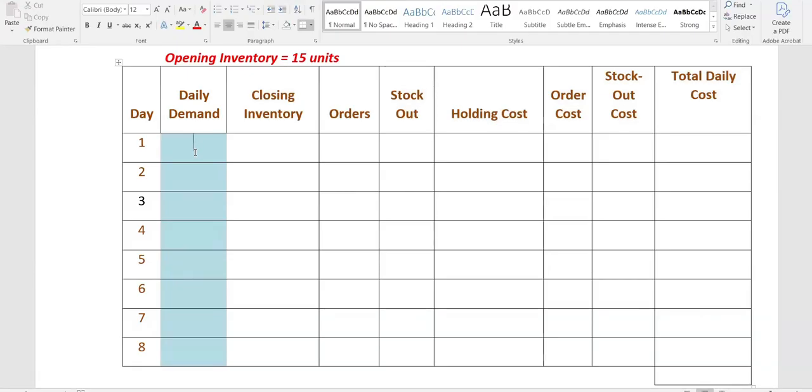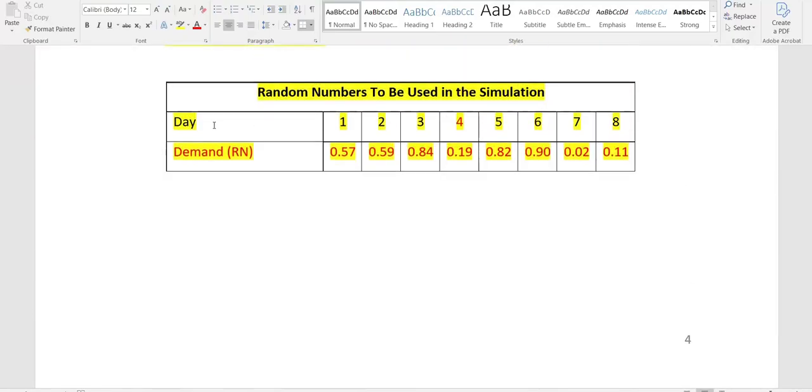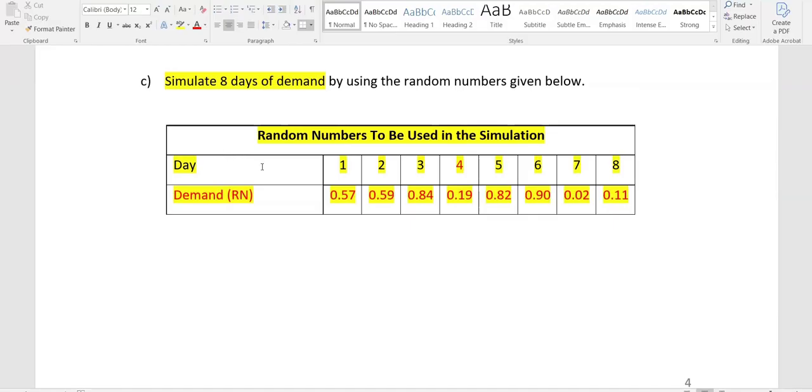So for day 1, here's what we do. Follow me keenly now. For day 1, you will go to the random number table and say, what is the random number for day 1? What is it, guys? 0.57. The random number for day 1 is 0.57 or 57, because demand would be in whole numbers, right?